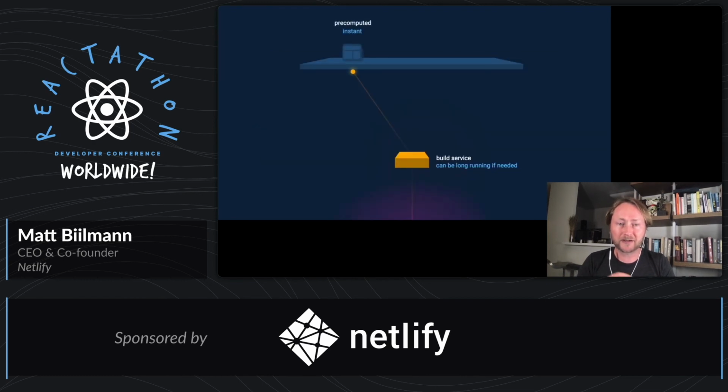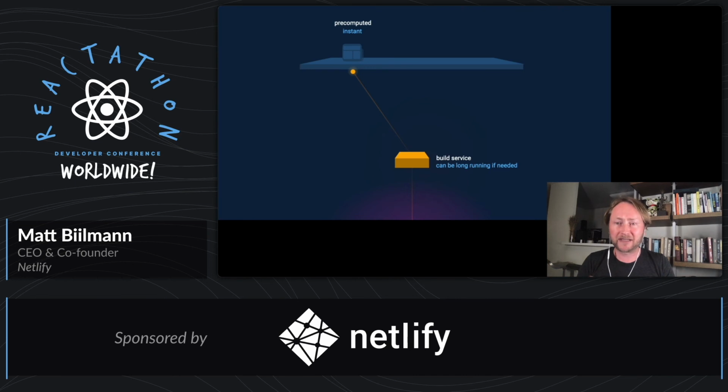So just to put these different pieces together, when you build with the Jamstack and when you build on Netlify, the types of primitives we offer is, first of all, the pre-compute layer. That's really our build service. You can run a long process here that can stitch together hundreds of thousands of HTML pages, and our service will push the ones that change directly to the edge and prepare them there.